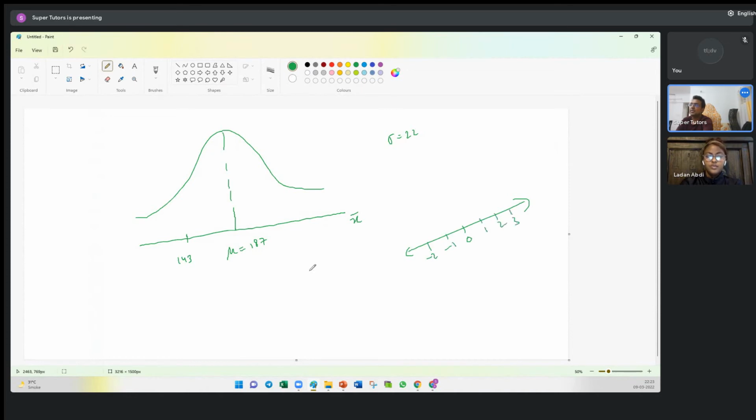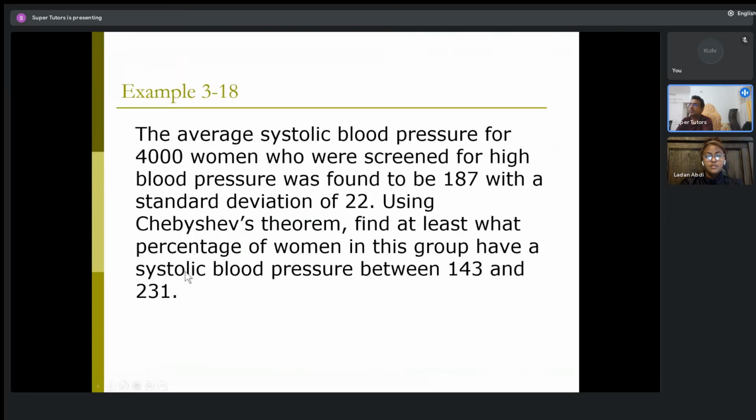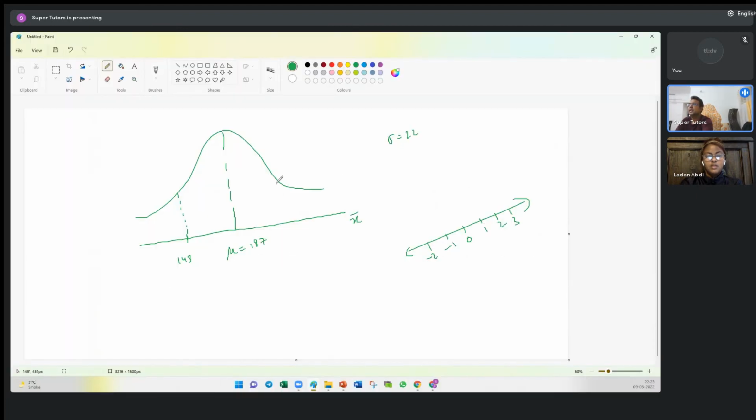Maybe I can draw a dotted line also, and this is 143. Similarly, what's the other number that we have? 231. So it would be somewhere here, because it's positive.